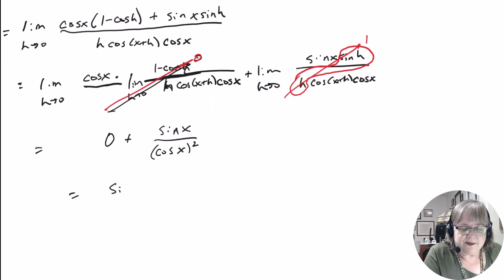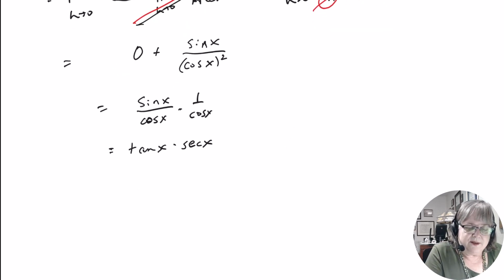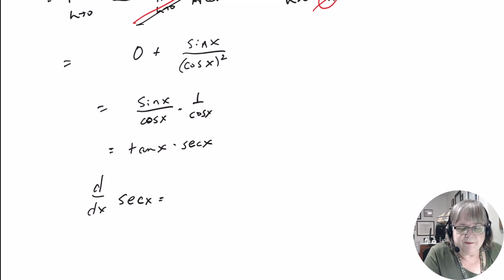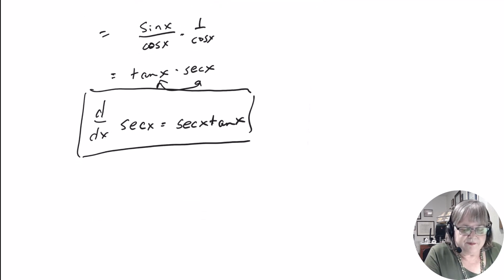So you can think of this as sine x over cosine x times 1 over cosine x, right? So this turns out to be tangent, and this is secant. So the derivative with respect to x of secant x is normally written as secant x tangent x. They just switch these around. Okay, now the next one is cosecant.